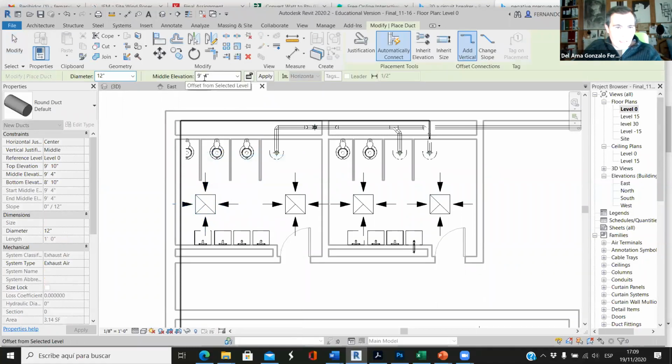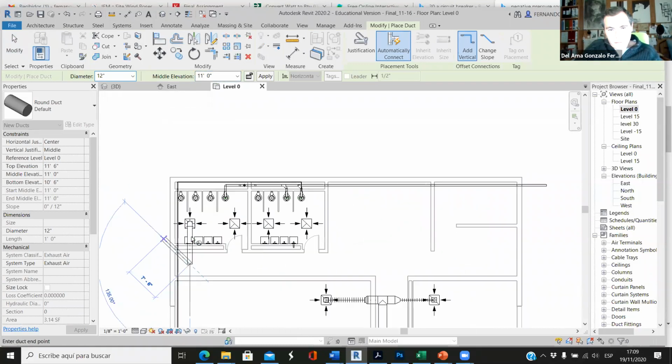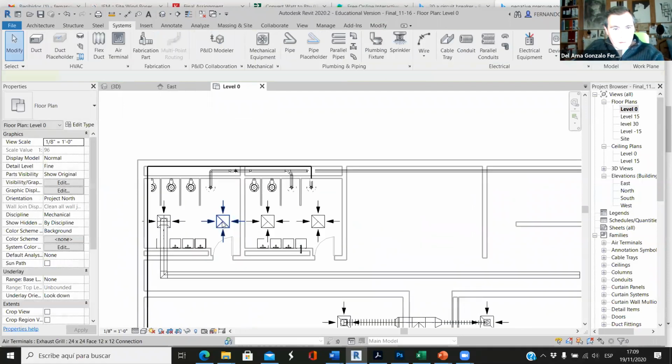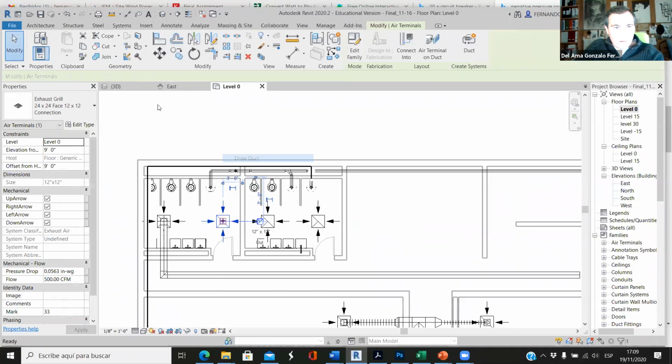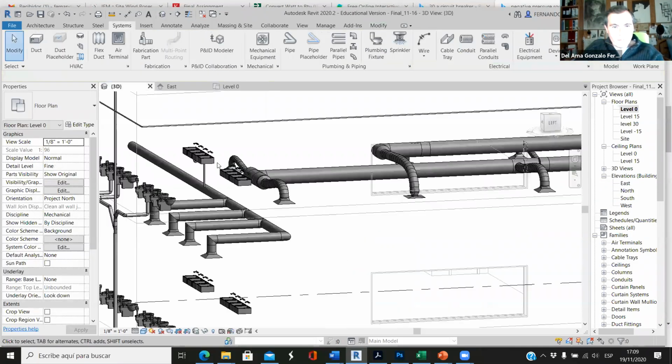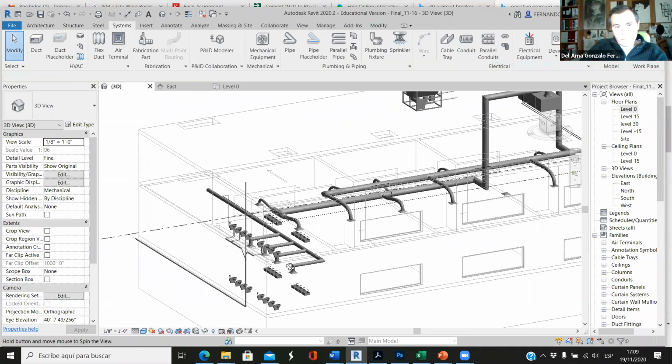The elevation is now 9, so let's make it 11. Over here. And now elevation 11. Okay, now it makes sense.